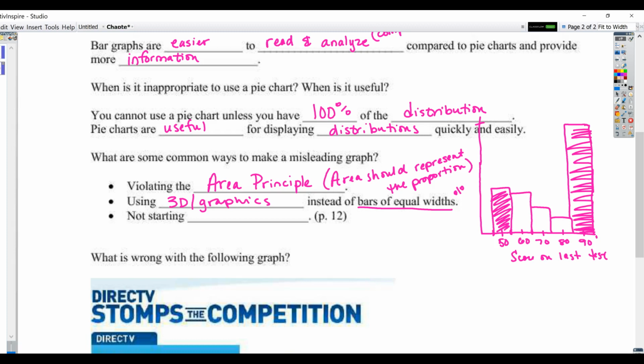The other one is if you don't start the axis at 0, it can sometimes be very misleading, and it will have more impact on the bars that are already really small. So it has more impact on the area for smaller categories with less number or less proportion, depending on what you're doing.